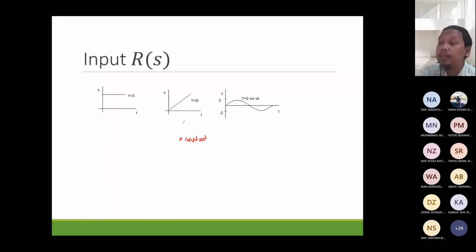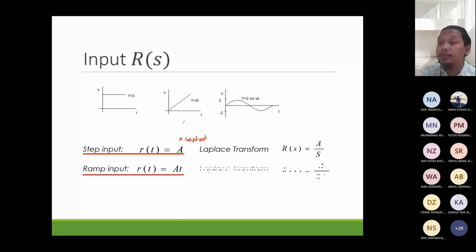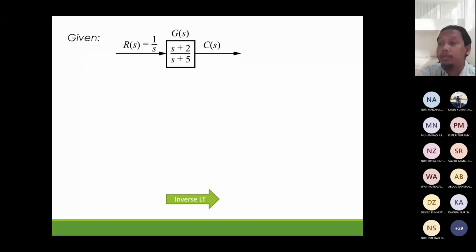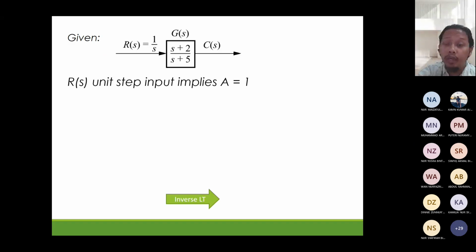Okay, but sometimes the question might give you ramp input and so on. Okay, so here our R(s) is 1 over S. So when we have A equals 1, then we call the input a unit step input. Okay, so if you are given unit step input, meaning that it's 1 over S.